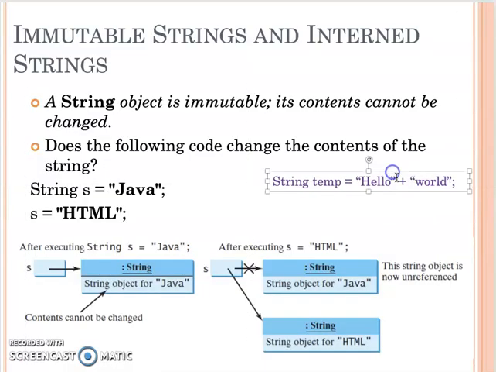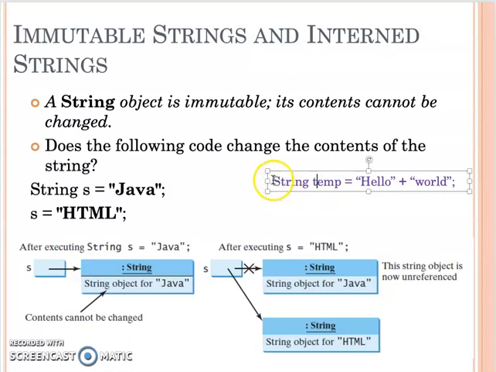For example, in the past couple of weeks, we told you that you can use the plus sign to concatenate two strings together. In this example, I define a string temp equal to double quote hello plus double quote world.